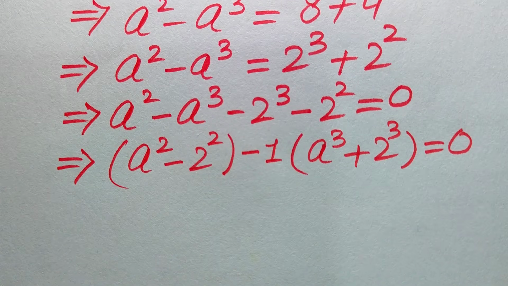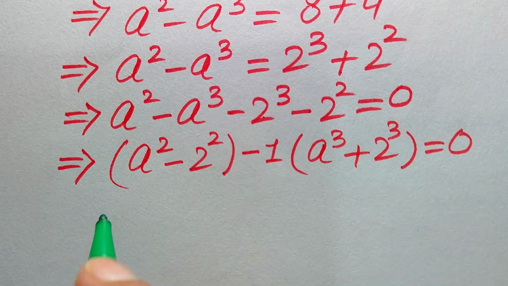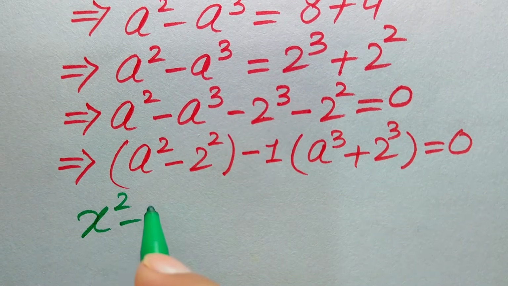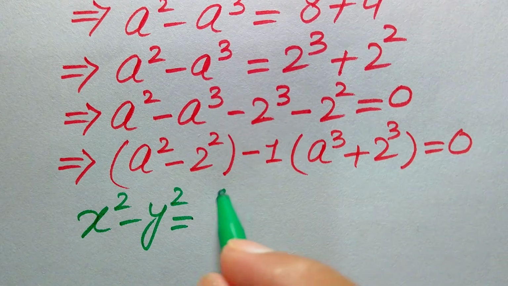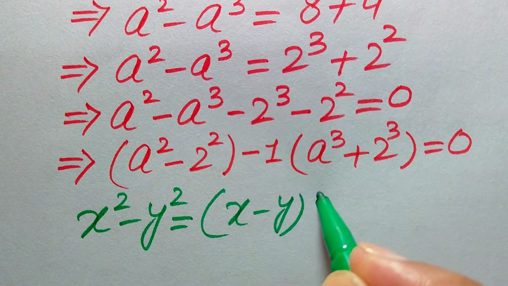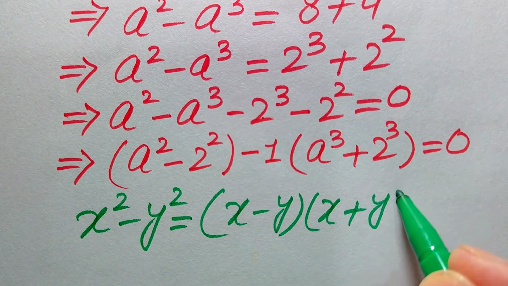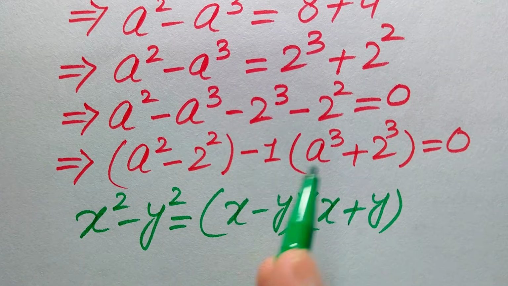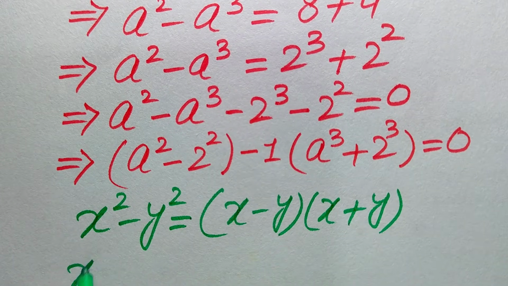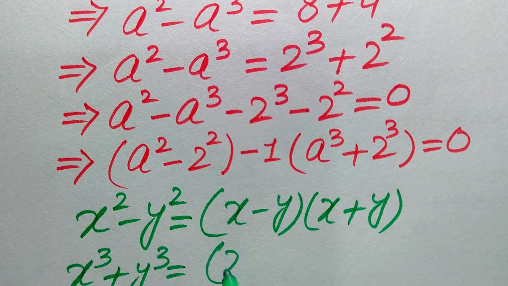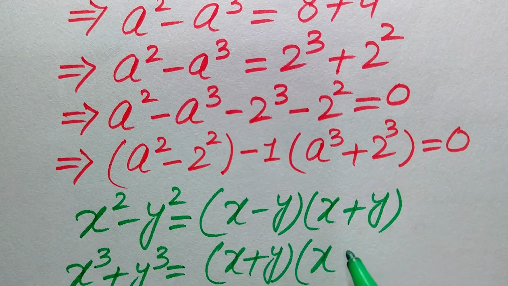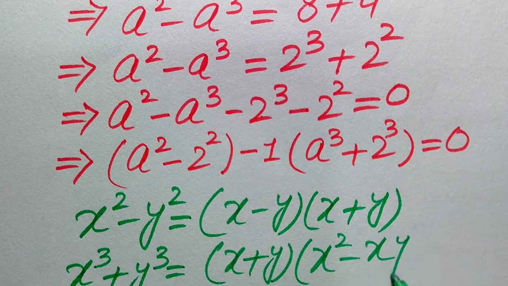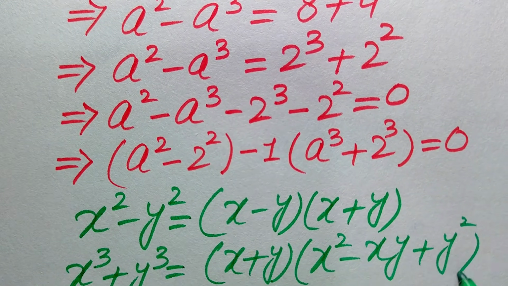And now here there are two nice algebraic formulas, and you know about them. x squared minus y squared equals x minus y times x plus y, and the cubic formula, x cubed plus y cubed equals x plus y times x squared minus xy plus y squared.